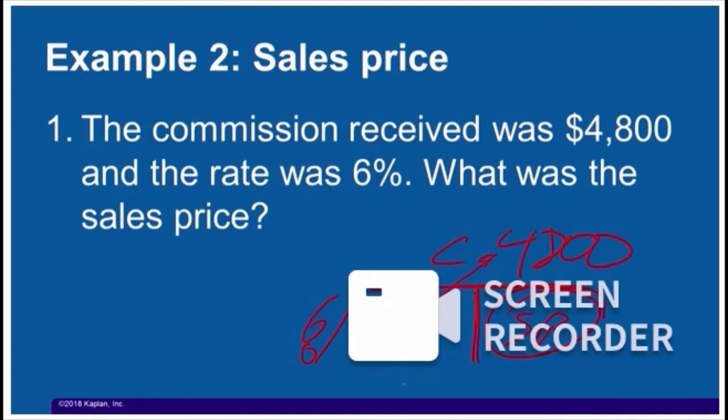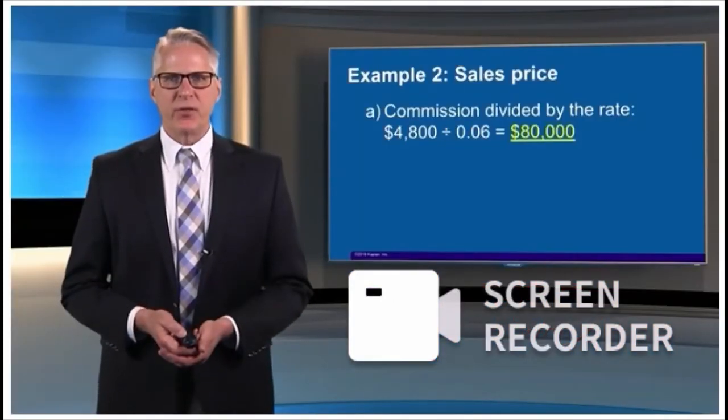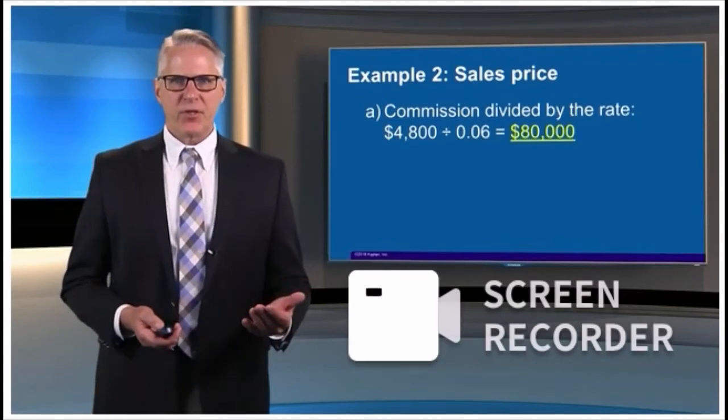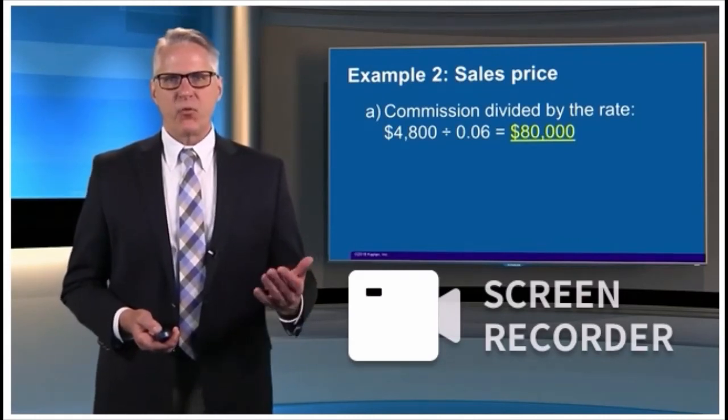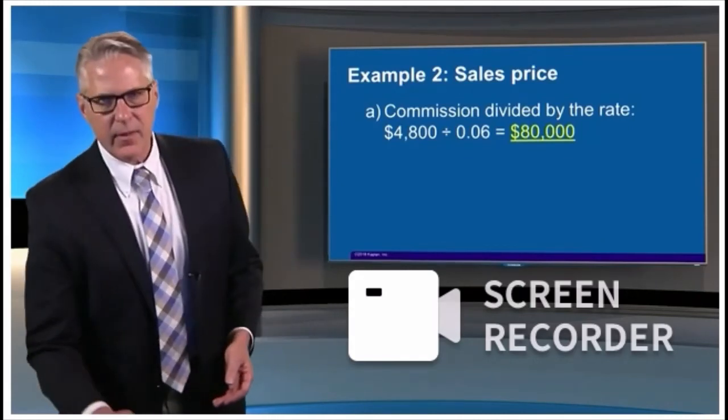I do that, and I will get my sales price. So as we saw when I did the circle formula, the commission was $4,800, the rate was 6%, and there we go, $80,000.